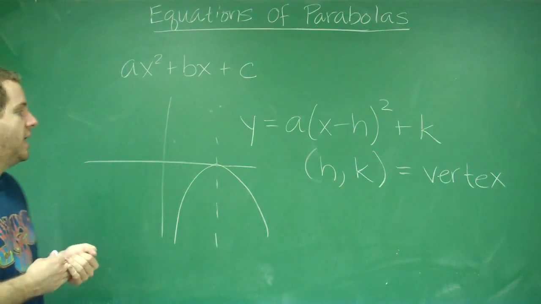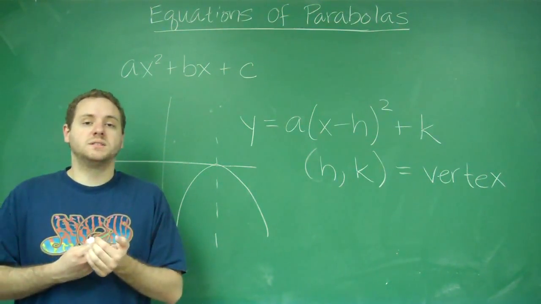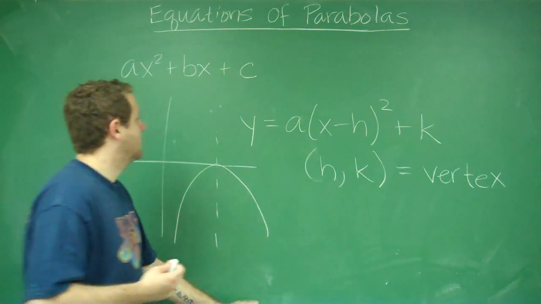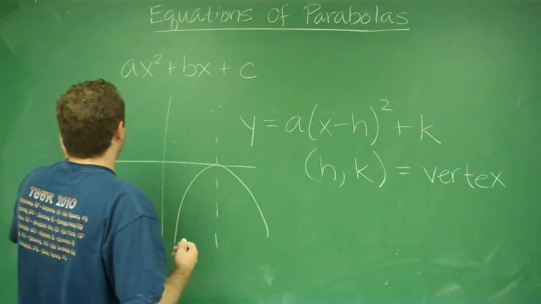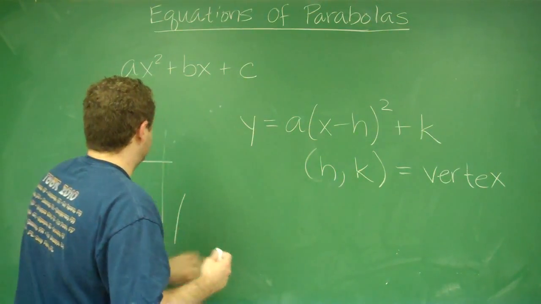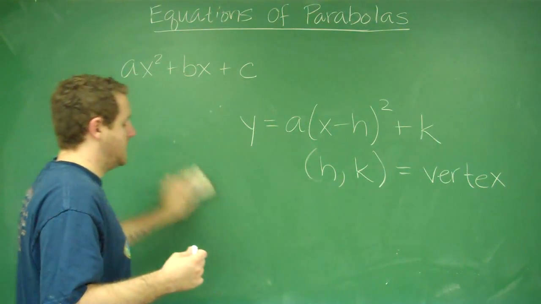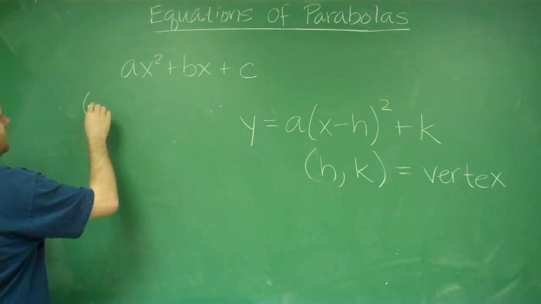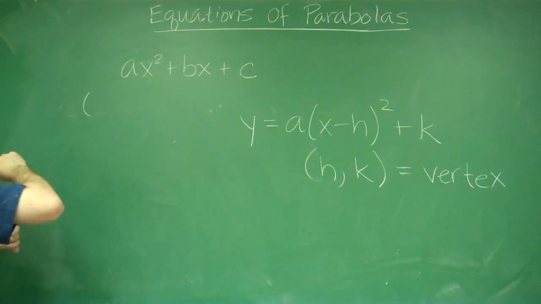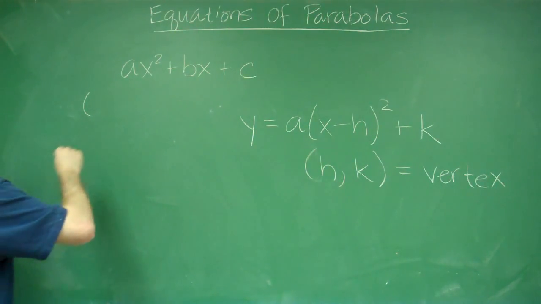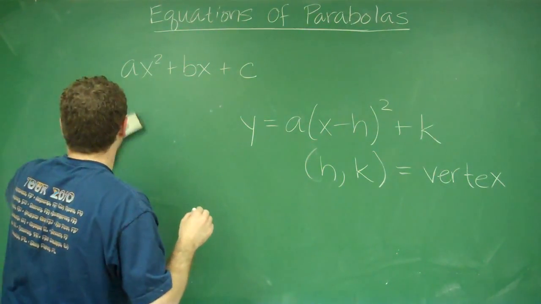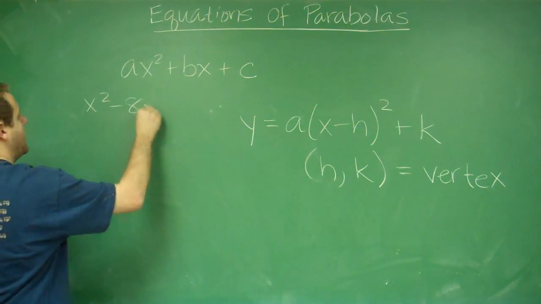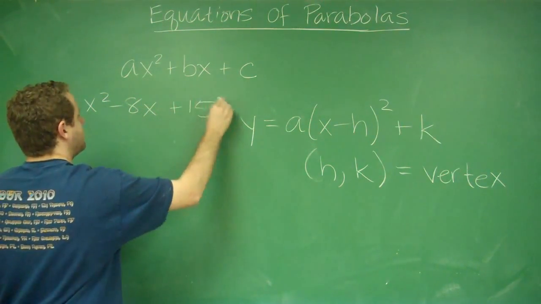Now the other thing I want to point out is that since parabolas are always symmetric about their vertex, say we had a function in general, instead of ax squared plus bx plus c, let's say it was something that was easily factorable, like x squared minus 8x plus 15.